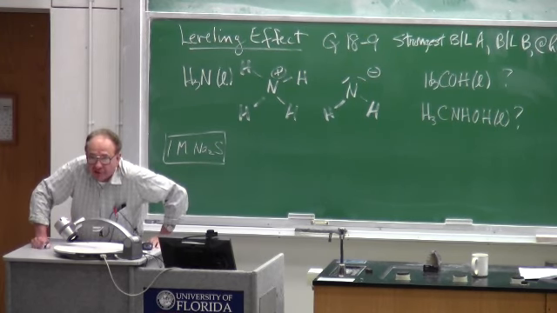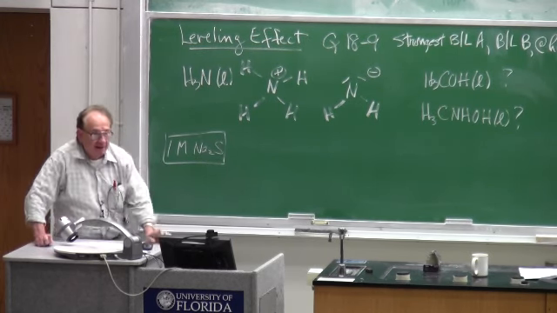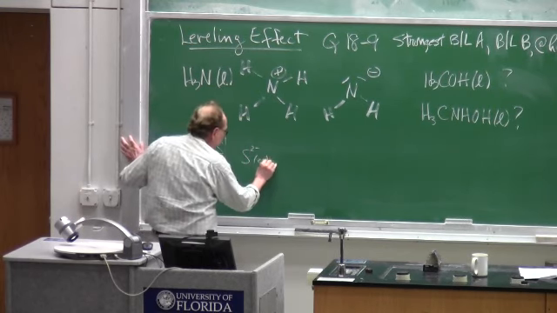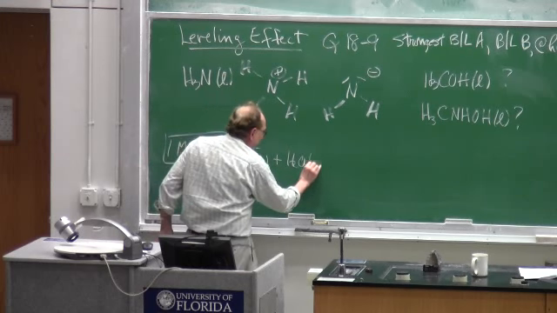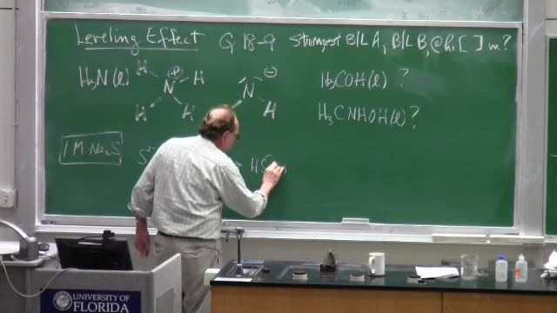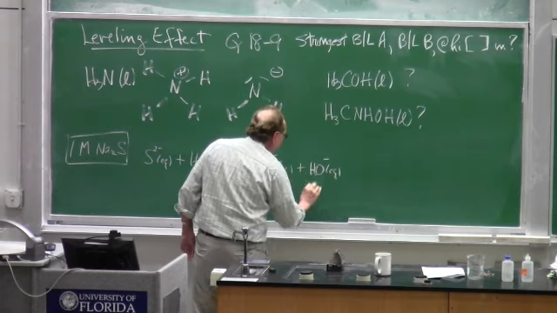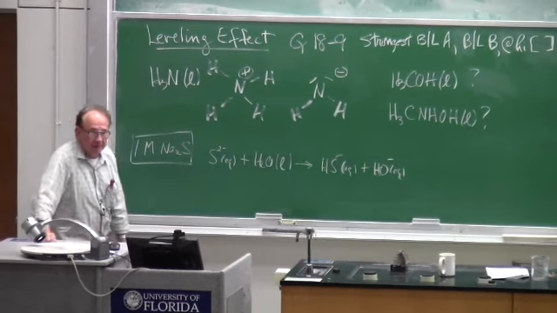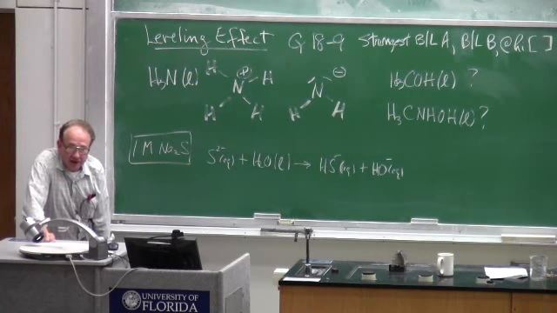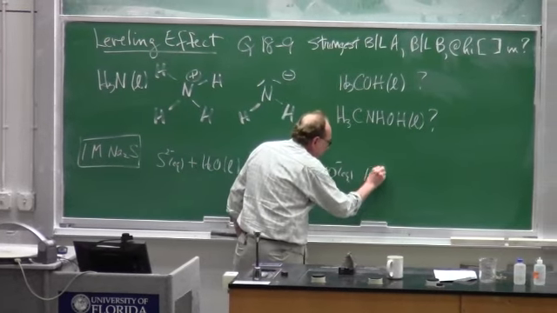Because these sulfide ions are stronger bases than hydroxide ions. The table tells you that, doesn't it? That means when I put sulfide ions in solution, this reaction occurs. To what extent does it occur? How much? 100%.